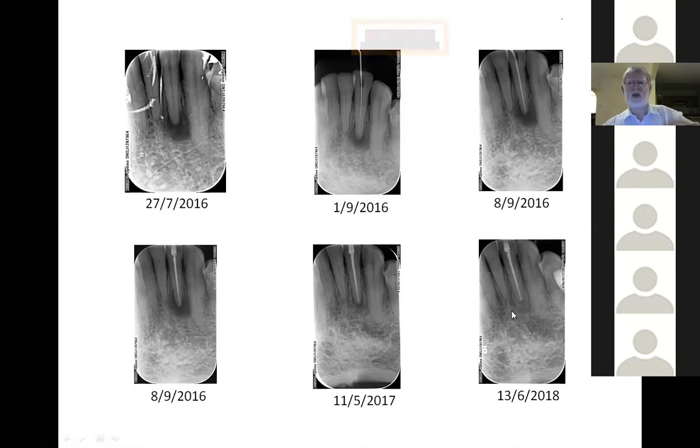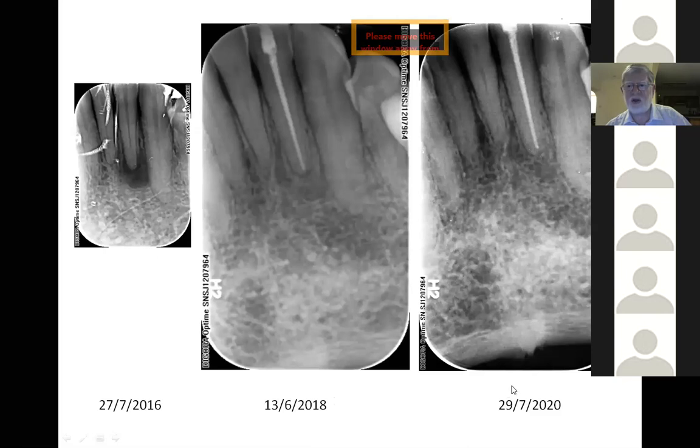I think the main reason I'm throwing all of this up is on clinic, final year students, 4th year students might be doing this root canal treatment, but you're not there later to follow up and see how everything's worked out. There's one more picture because I've seen the patient recently. So we've got that original, this one of 2 years ago, and this one taken a few weeks ago.